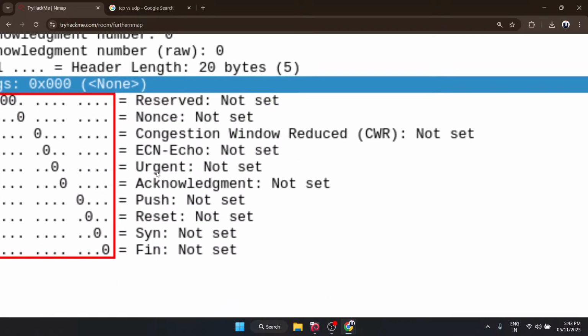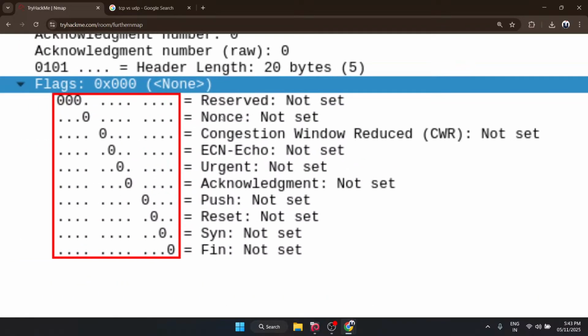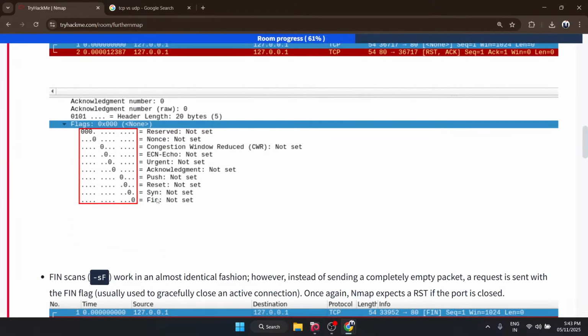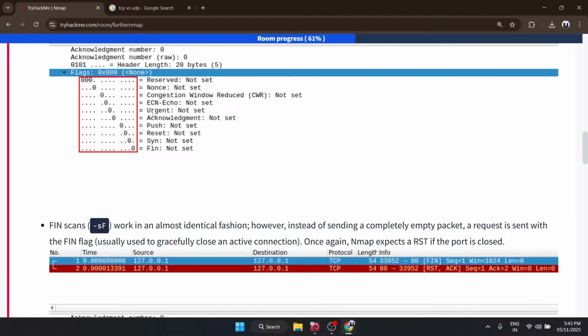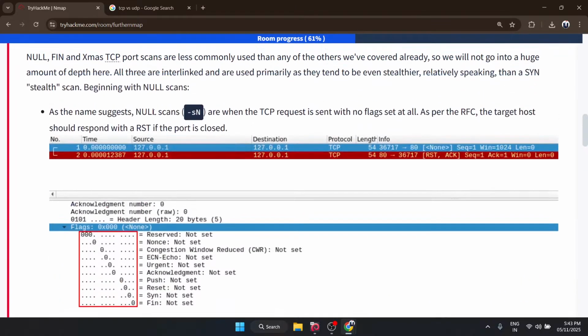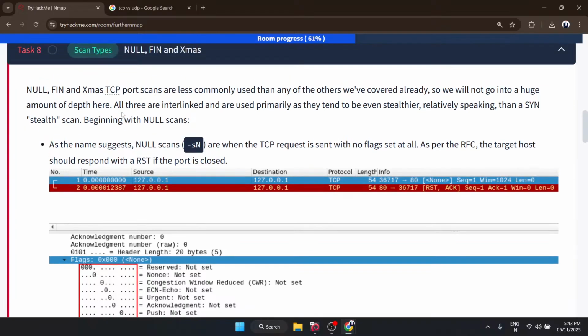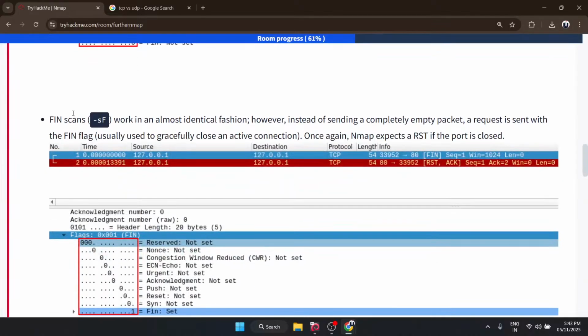These are the multiple kinds of flags you will see: reserved, nonce, congestion window reduced, ECN, urgent, acknowledgement, push, reset, SYN, fin. For urgent, you will see URG, just like null. There is URG.